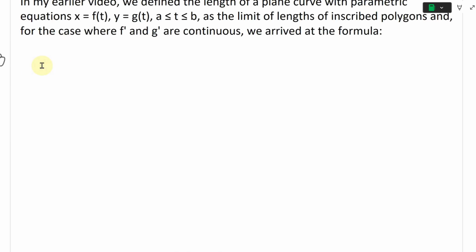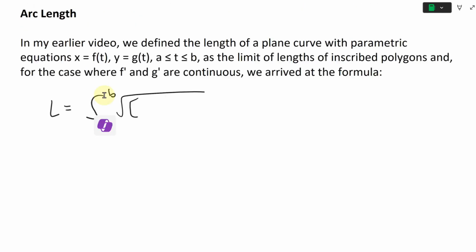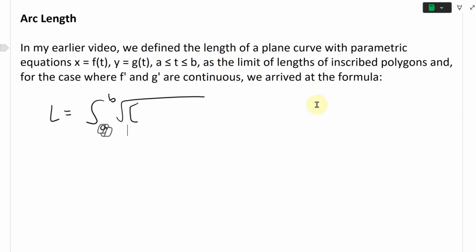And here I'll just write this one out. So this was the formula. I'll go over a recap on arc length, the videos I had, in a bit. But here's the formula we got to: the integral from a to b, again for a plane curve with parametric equations, so this is going to be in 2D.